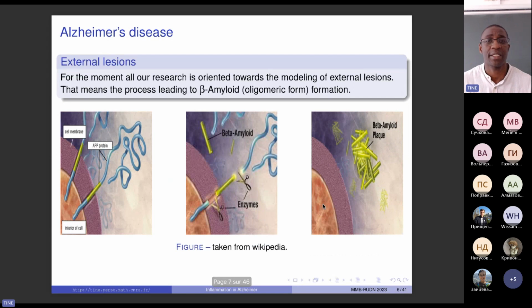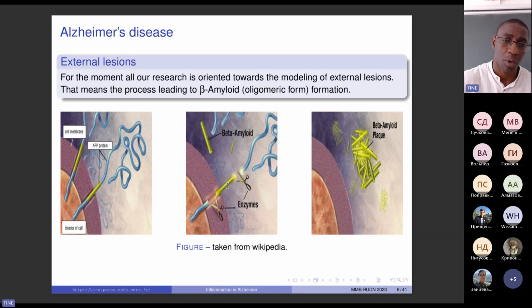For this external lesion, what we know is that in the neighborhood of the neuron, as you see here in the first picture, there is a protein called APP, that means amyloid precursor protein. This amyloid precursor protein is a transmembrane protein, and it is supposed to be cleaved by two enzymes.